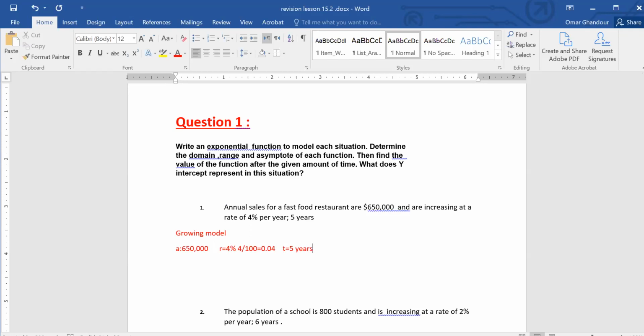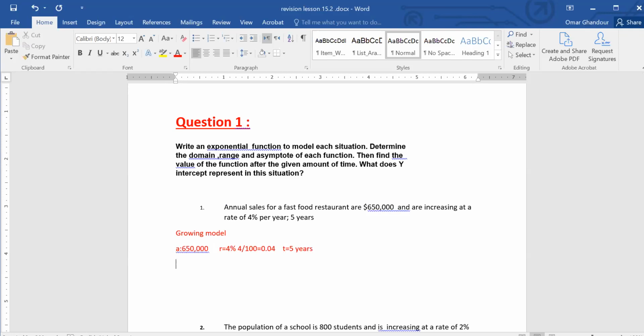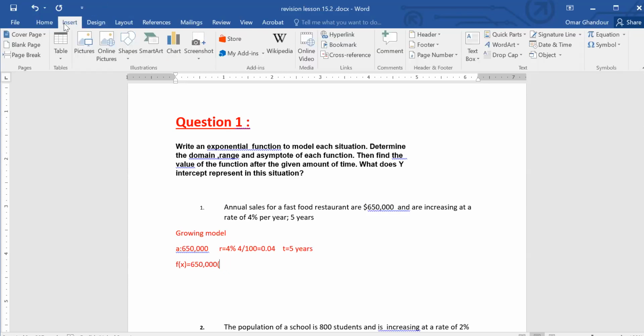I found T. Now I can write my exponential function. F of x will be equal to A, which is 650,000, multiplied by 1 plus 0.04, which is the R. All of this to the power of what? Yes, we have to write it in the exponential form, sorry.